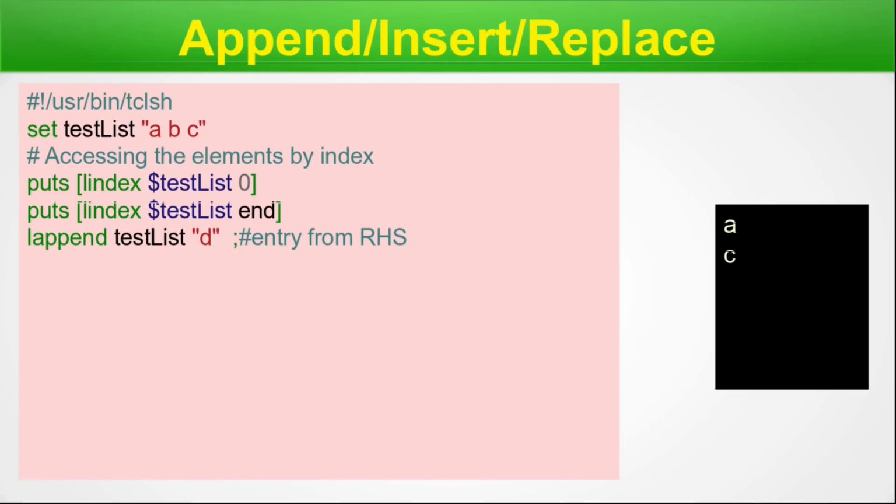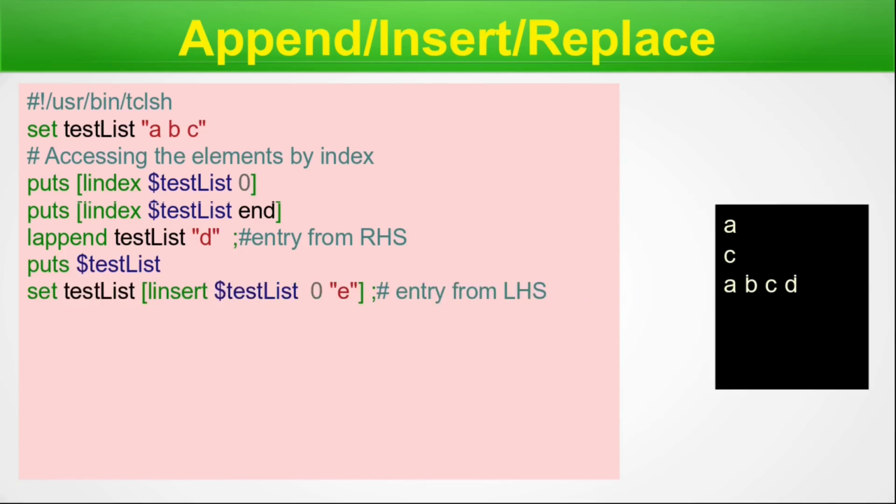So this D will go after C, and we echo it and we see yes, it is coming at the last. Now the question is how we can make the entry from the beginning, that is from the left hand side. For that we have to use the linsert procedure, and we have to give 0 as the position where we are pushing that particular element.